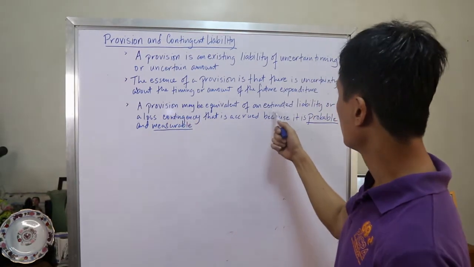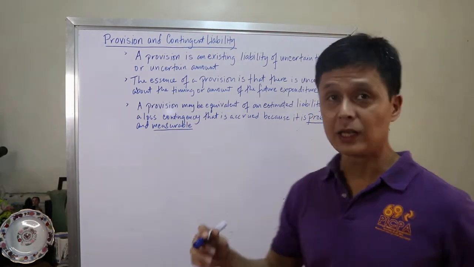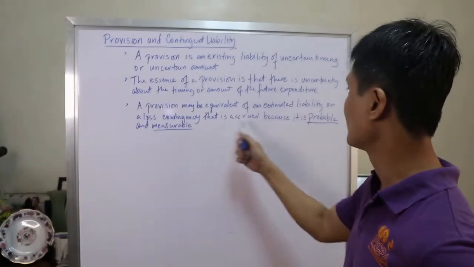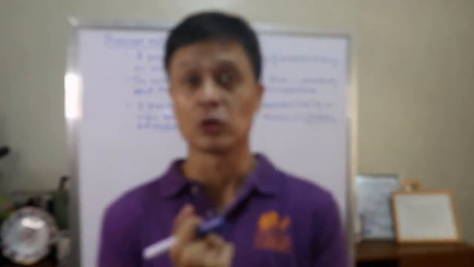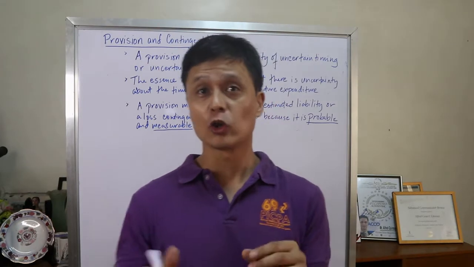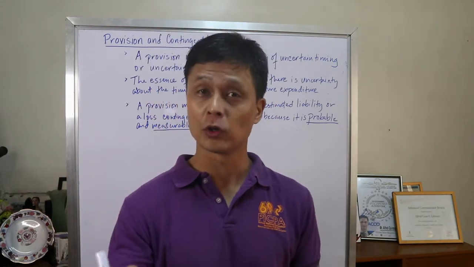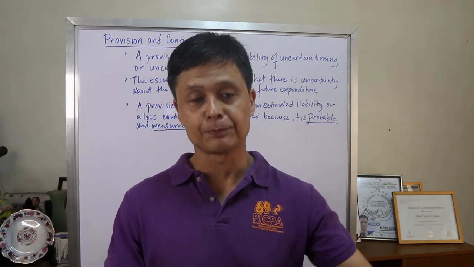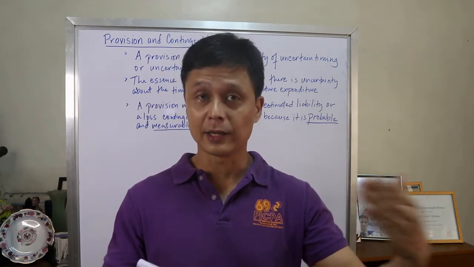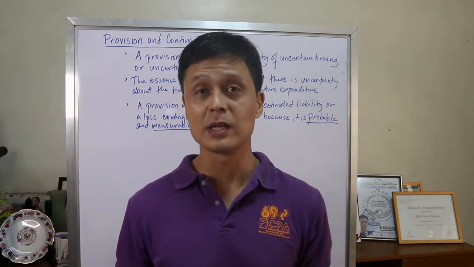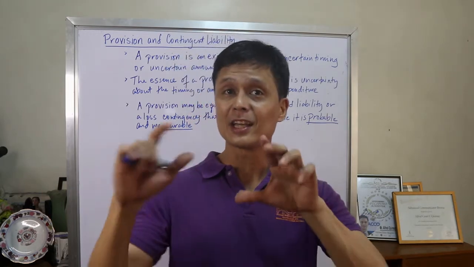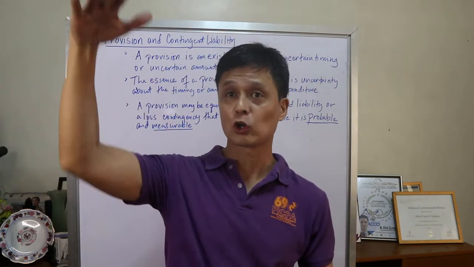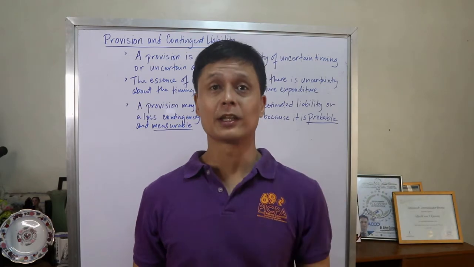A provision may be equivalent of an estimated liability or loss contingency that is accrued because it's probable and measurable. So, yung word na yun, probable and measurable, that gives rise to a liability doon na pwede na natin i-accrue sa accounting, nire-record na natin debit and credit na yon.